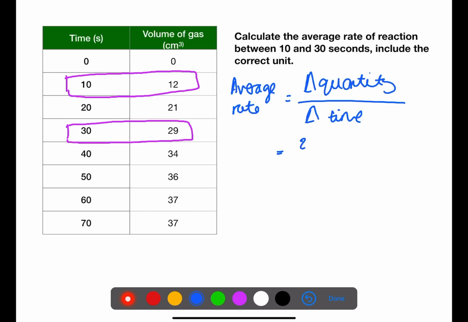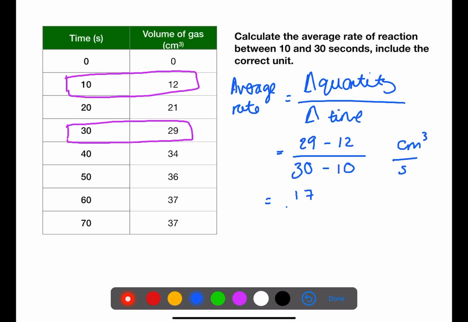So at 30 seconds, we had 29 centimetres cubed of gas, and at 10 seconds we had 12. Our time period is 30 seconds and 10 seconds. We're looking at a volume of gas changing in seconds.